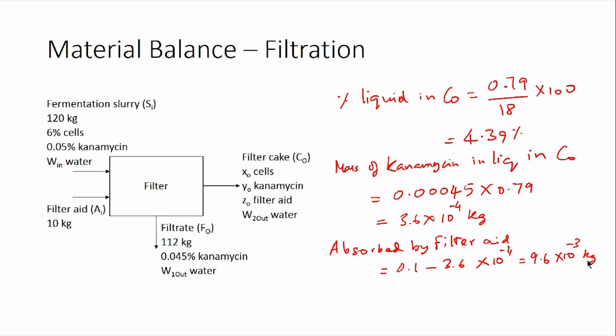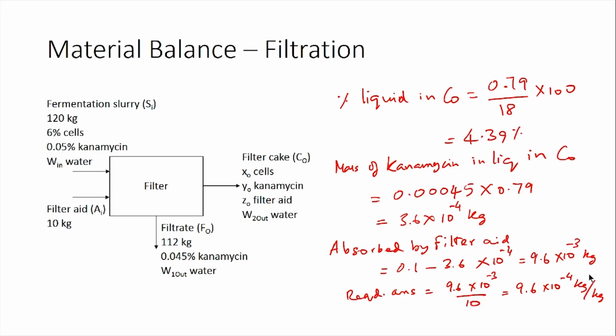The problem actually asks for the amount of kanamycin which would be absorbed by 1 kilogram of filter aid which is added. So, this divided by 10 would be the required answer. The required answer, which is the mass of kanamycin absorbed per kilogram of filter aid, would be 9.6 times 10 power minus 3 divided by 10, giving you 9.6 times 10 power minus 4 kilograms per kilogram.